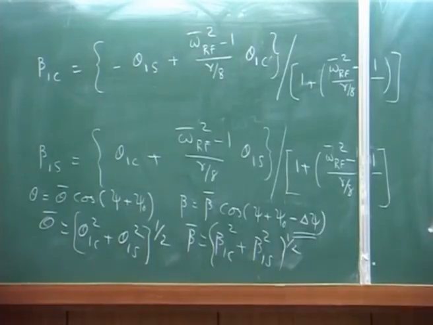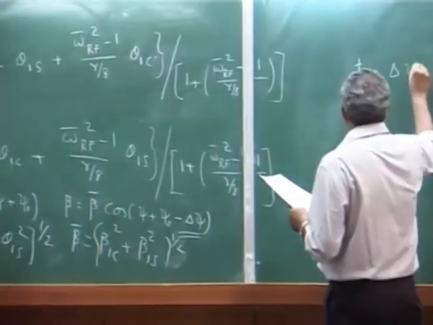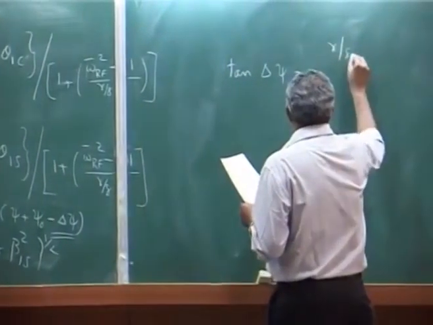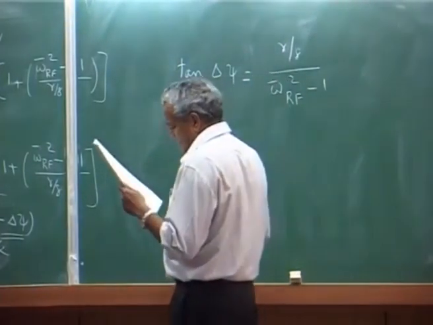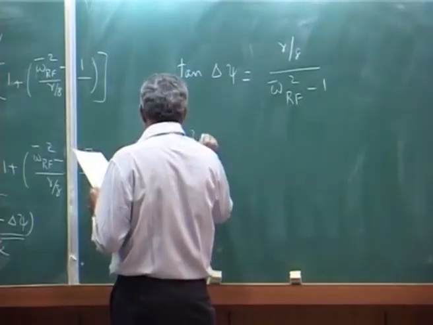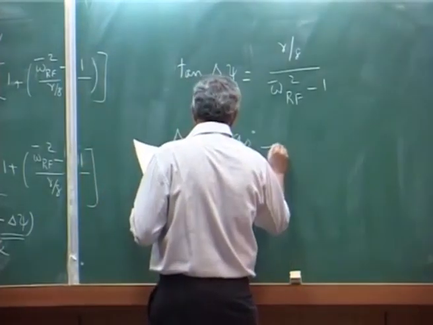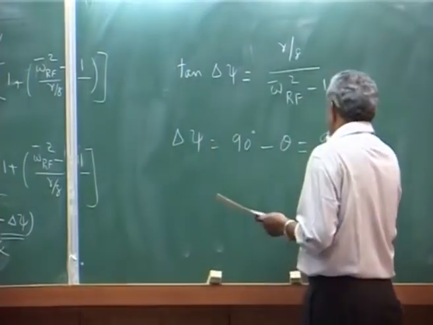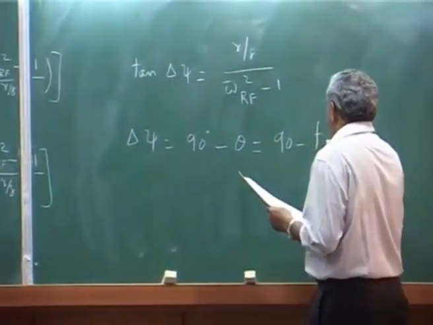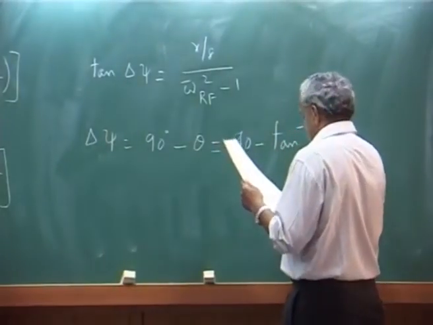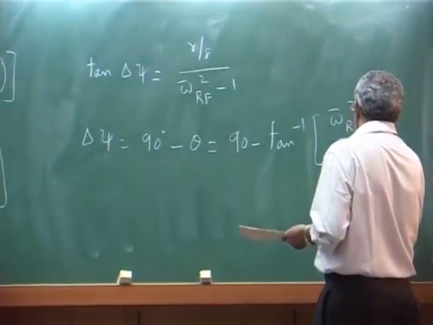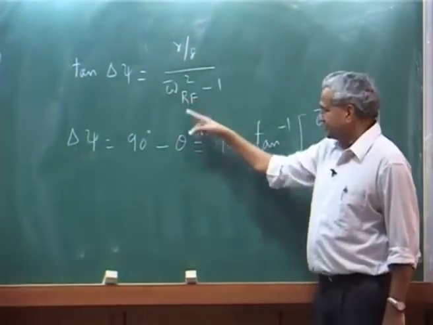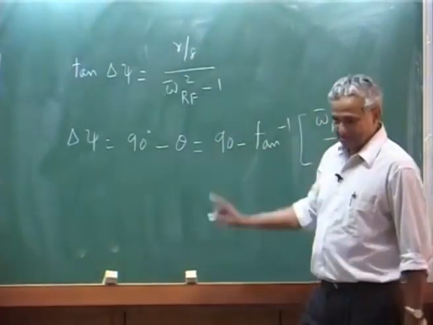Okay. Now, the phase is actually tan delta psi is gamma over 8 minus 1, and this can also be written as delta psi is 90 degrees minus theta, which is 90 minus tan inverse minus 1 over gamma, because you just put 90 minus, okay.